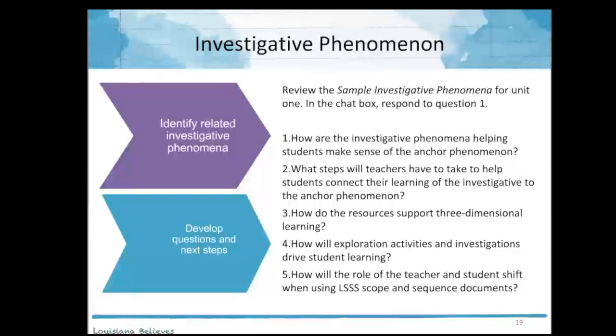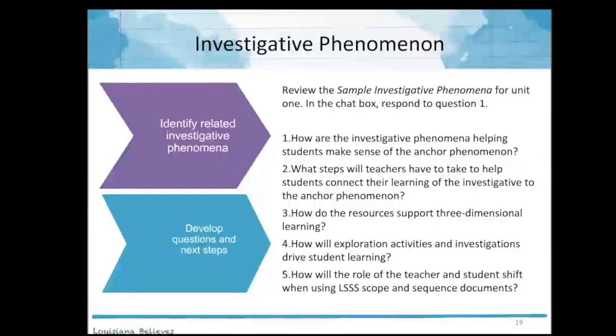You will notice that all of the questions are either two-dimensional or three-dimensional in nature, meaning that they address either the science and engineering practices and disciplinary core ideas, the disciplinary core ideas and cross-cutting concepts, or the science and engineering practices and cross-cutting concepts. It's very important that as we approach instruction, we are teaching the standards and interweaving all three dimensions into instruction.